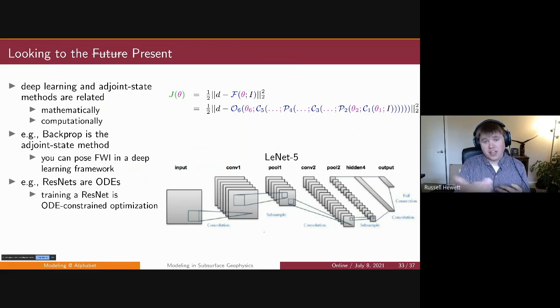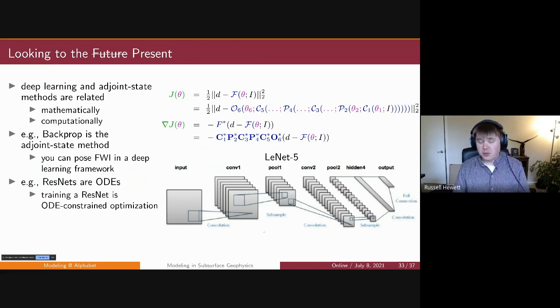So if you take the problem I have up at the top, this is a simple nonlinear least squares problem where instead of f being a solution operator for the wave equation, it's the evaluation operator for the LeNet-5, MNIST classical neural network, and it's like 6 layers or whatever it is there. And I can take the same procedures that I do essentially by hand that are done by an automatic differentiation tool. I could do those by hand and produce an adjoint state, an adjoint operator sequence just like I do for the other problem. Except there, again, physics has some meaning.